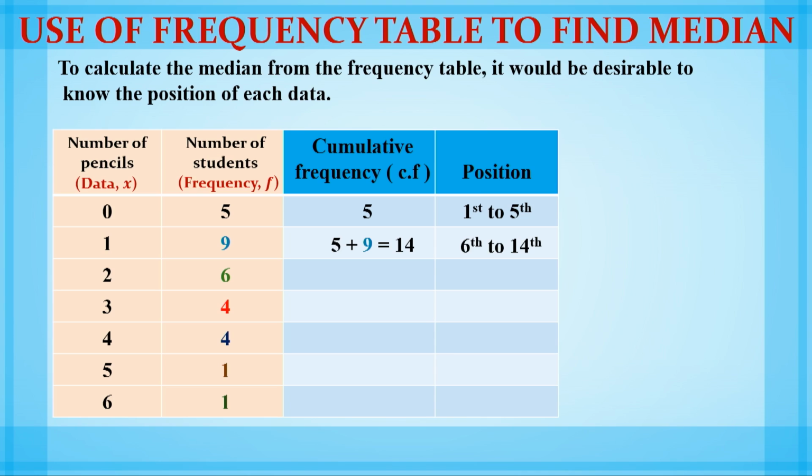The third value in this column is 14 plus 6, which is equal to 20, showing from the 15th to 20th positions each data is 2. Similarly, you can calculate the remaining values in the column representing cumulative frequency.